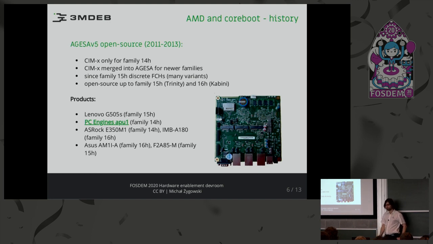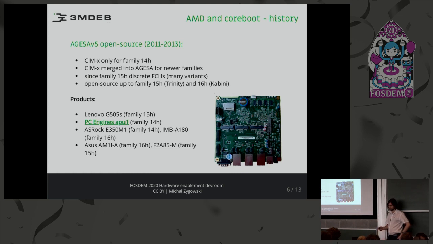But later, for family 15h, the CIMX was merged into AGESA, which made for less burden for the developers to integrate. CIMX put some requirements, for example, call this function right after power on, because some southbridge registers have to be initialized first. It was problematic, so it was merged into AGESA.